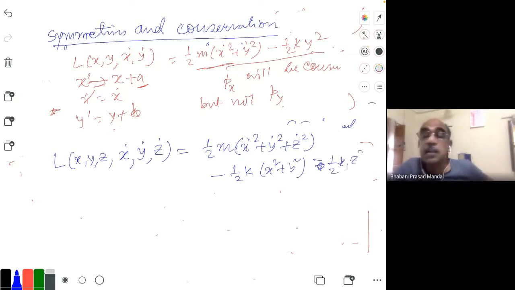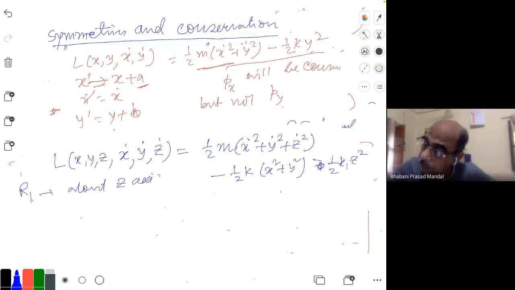Suppose I write a simple harmonic oscillator. Now I'll consider two rotations. The first rotation is about the z axis.